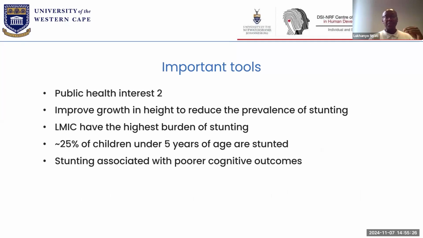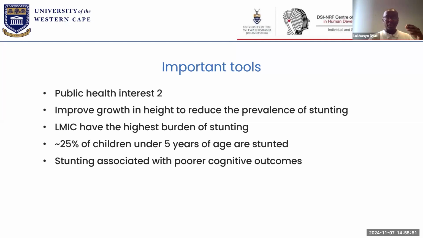And when we're talking of height, for example, we're interested in improving growth in height in populations in low and middle income countries, so that we can reduce the prevalence of stunting. A large burden of the prevalence of stunting, or undernutrition, is in low and middle income countries.